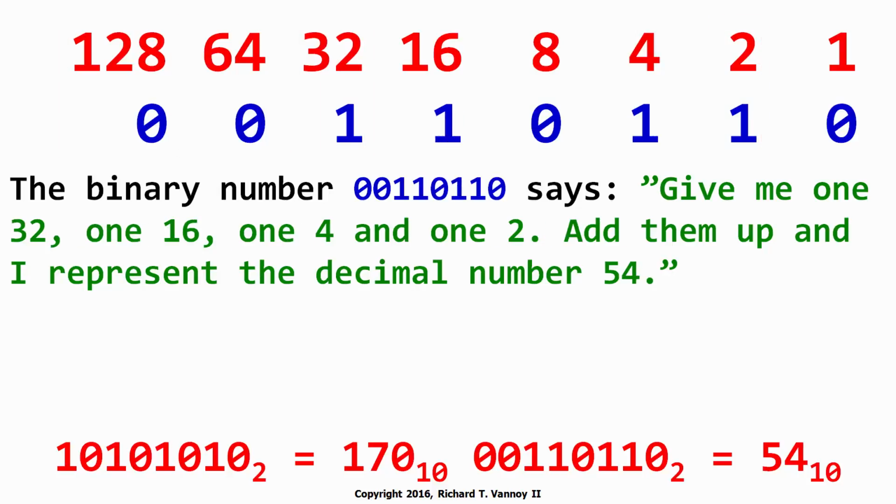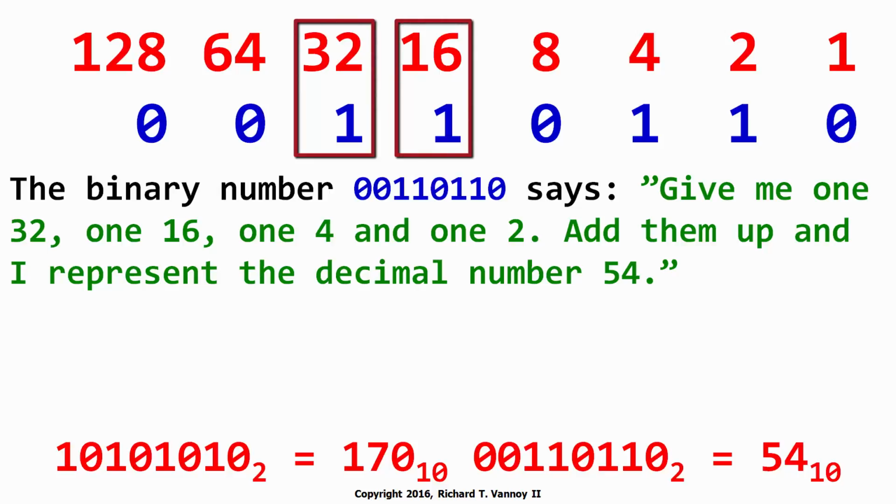So let's try that second number. Here's the second number, 00110110. I've written that out the exact same way. But on this one, you can say, well, this is easy too. I've got 32 plus 16, that looks like 48, plus 4, that's 52, plus 2, that's 54.